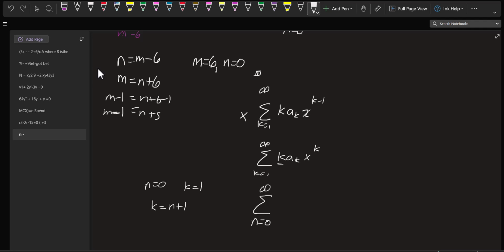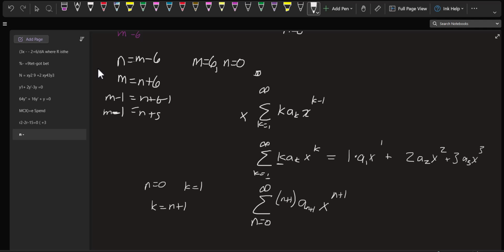Because this number needs to be 1 at my first term of my series, because this series is 1 times a1 x to the 1 plus 2 a2 x squared plus 3 a3 x to the 3. So if I'm starting at 0, but my first term needs to be to the first power, this would need to be n plus 1, and then a sub n plus 1, and then n plus 1.